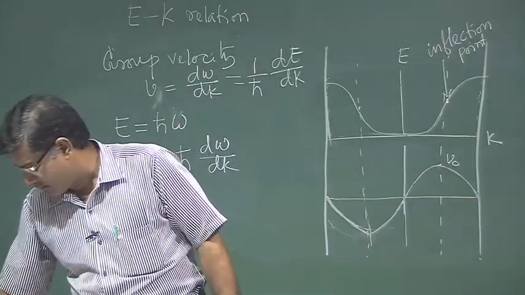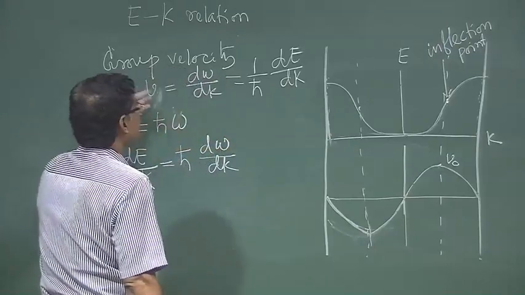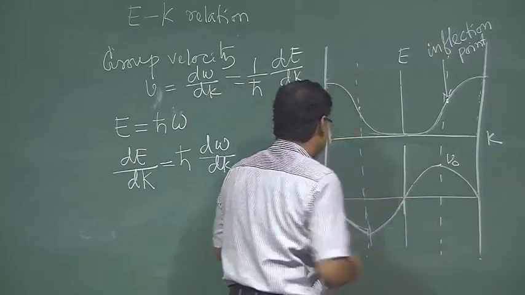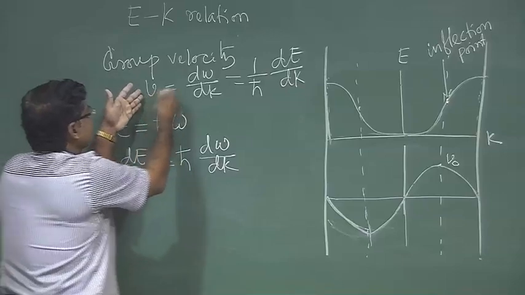So, I will continue this velocity of the electron in a band. It changes like this, and this is now the definition of velocity.